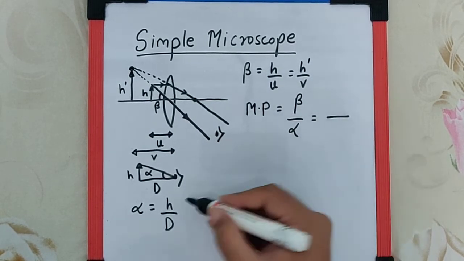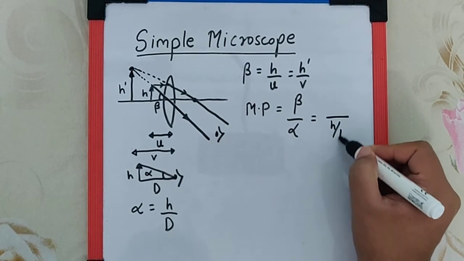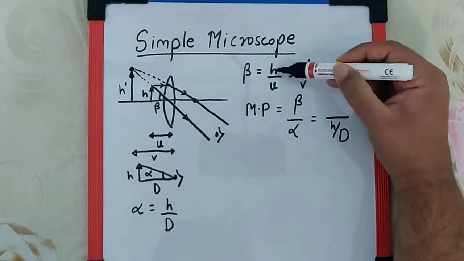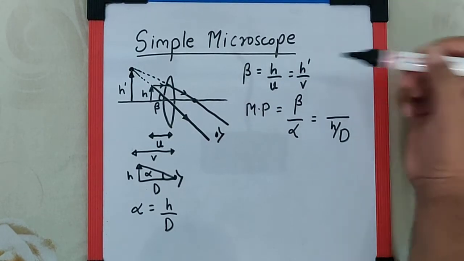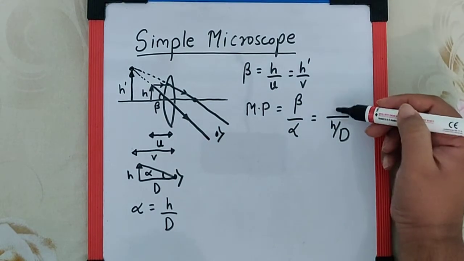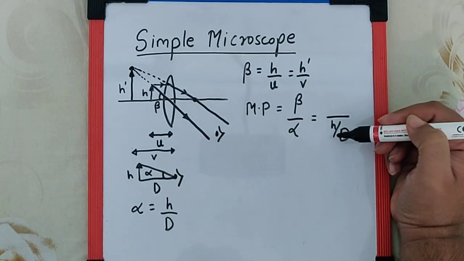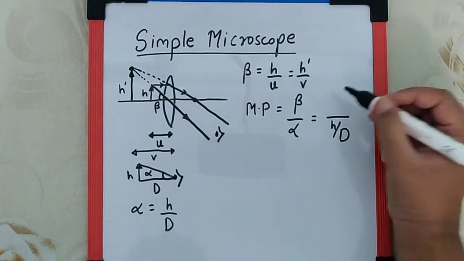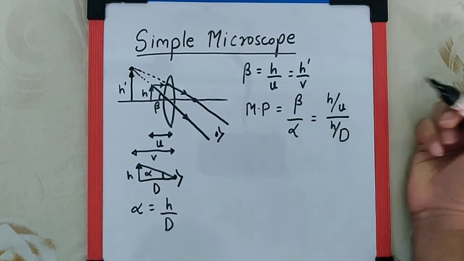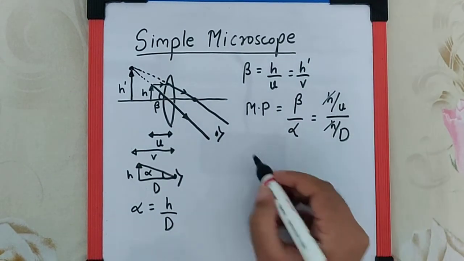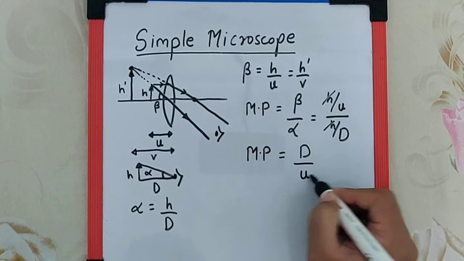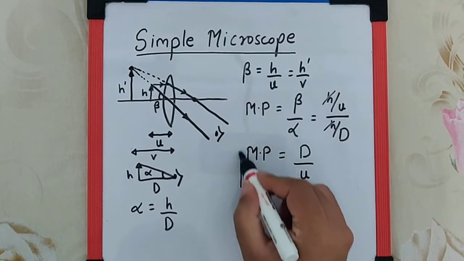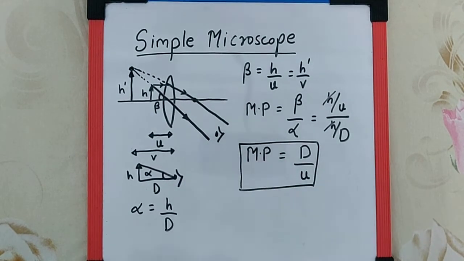The value of alpha is fixed, h by d, but you have got beta at two values. If you substitute h by u over here, the h will get cancelled, and the formula will look quite simple. Finally we get the magnifying power as d by u. This is the most basic formula of magnifying power of a simple microscope.